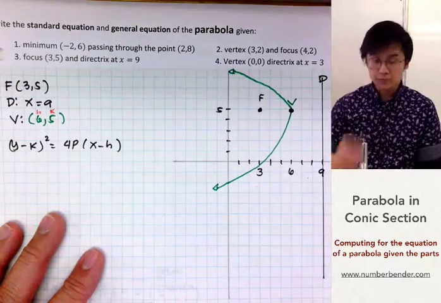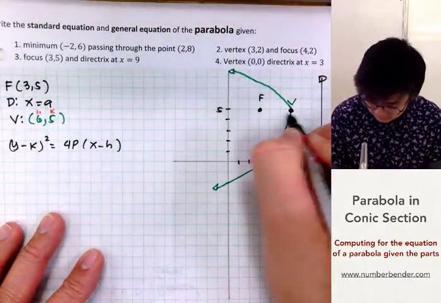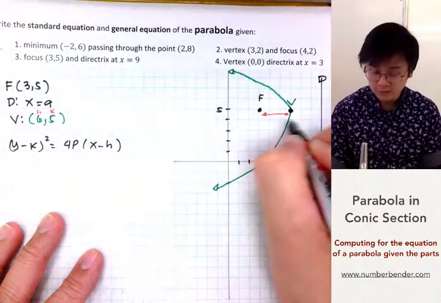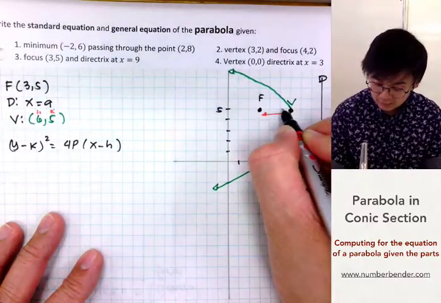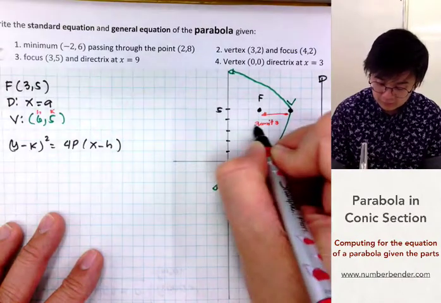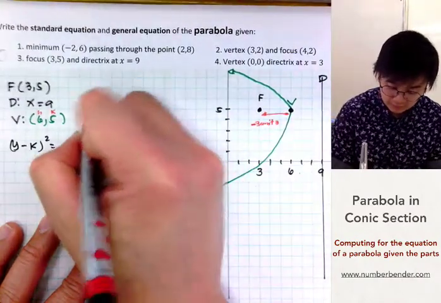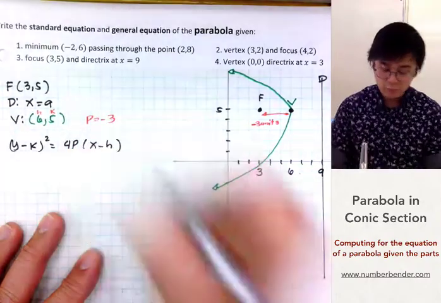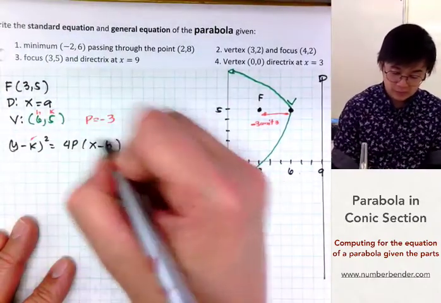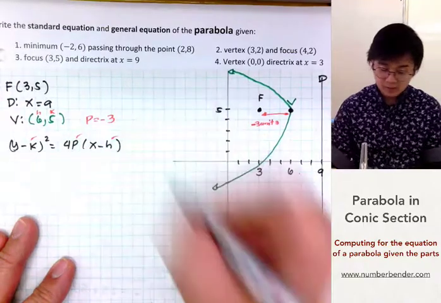Now to find the value of p, p is the distance from the vertex to the focus, and since it's moving to the left, we have 1, 2, 3 units to the left, so p is negative 3. So just like on our previous example, we will replace k, p, and h.